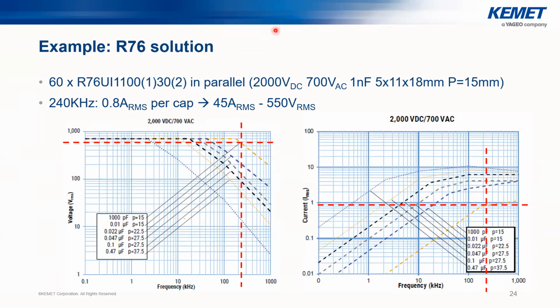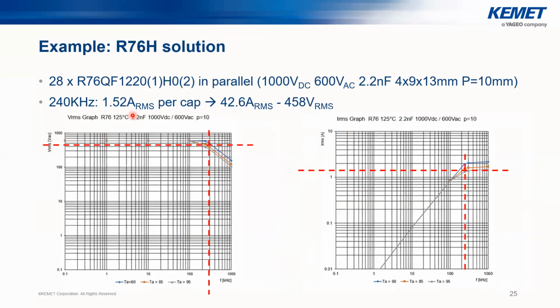We have the case size here. With this connection, 60 components in parallel, we can reach the required voltage and also the required current. Each component can do 0.8 amps RMS at 240 kilohertz.